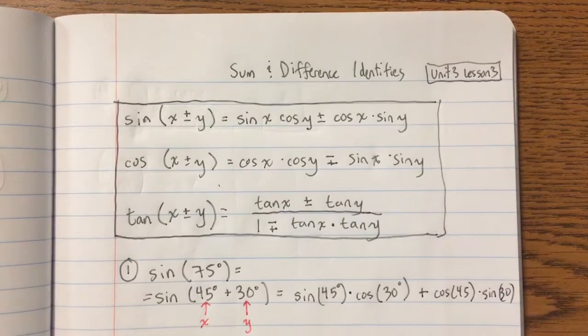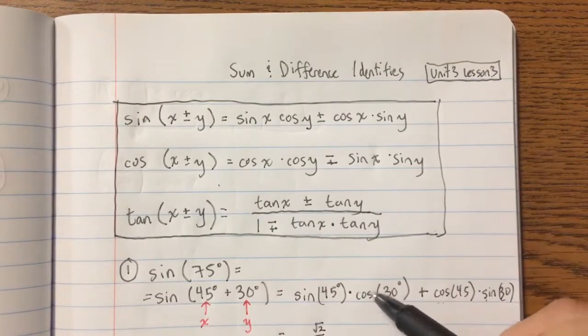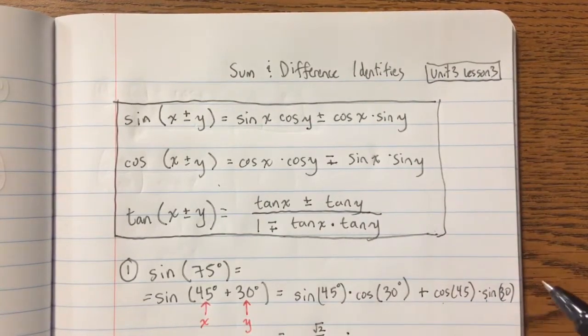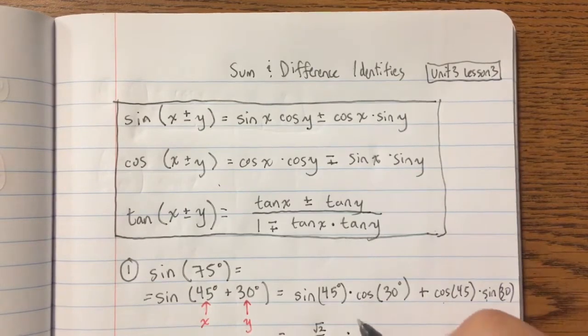Now, each of these are things that you can use your unit circle to evaluate, right? Like, what is sine of 45 degrees? Root 2 over 2. And what is cosine of 30 degrees? Root 3 over 2.